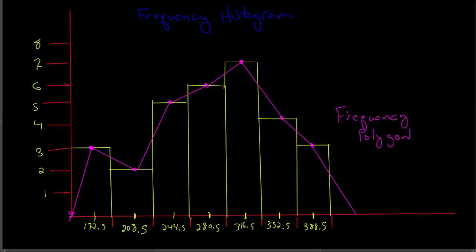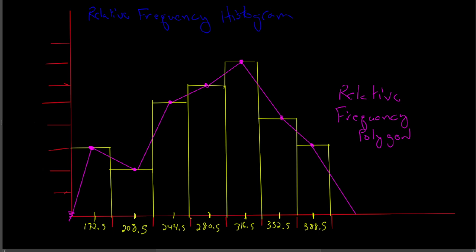Now, we could also do this by relative frequency, and the only change with relative frequency, so I'm going to change my wording here, is that instead of doing my counts up the side, I turn those counts into relative frequencies.